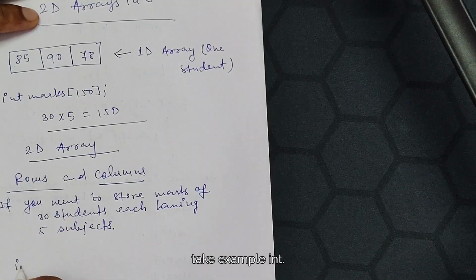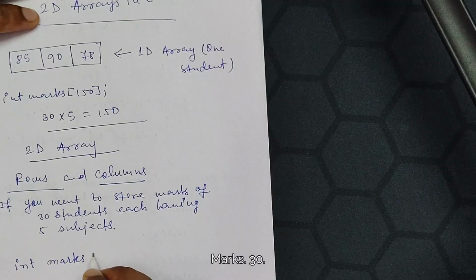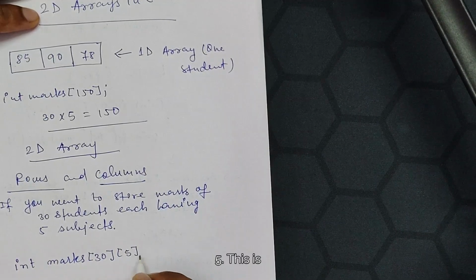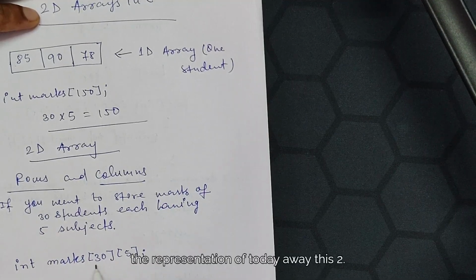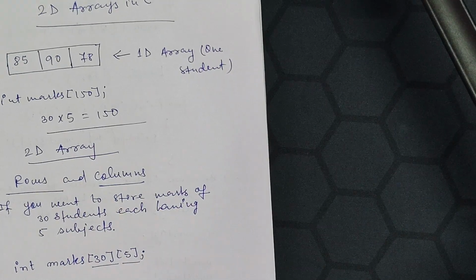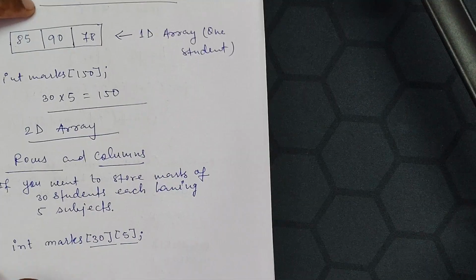Let's take an example: int marks[30][5]. This is the representation of a 2D array. These 2 square brackets represent a 2D array.